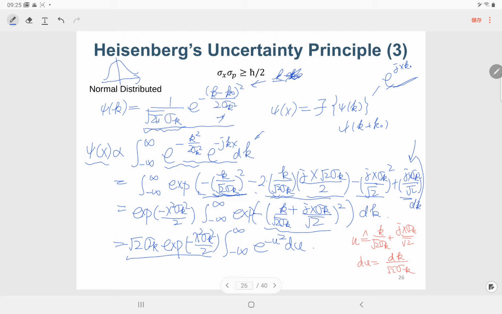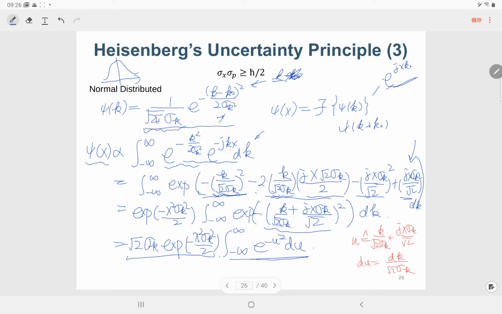So in the front we have some constant, and then we still have this one. Have you learned in a calculus class how to calculate this integration? They just told us that this is the square root of 2 pi.